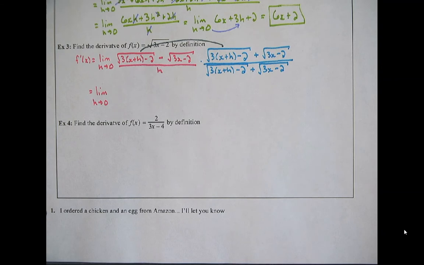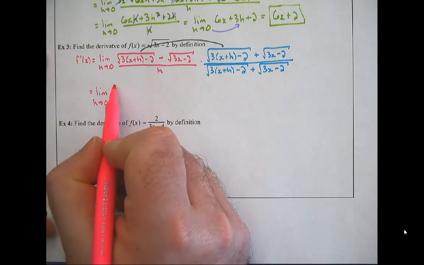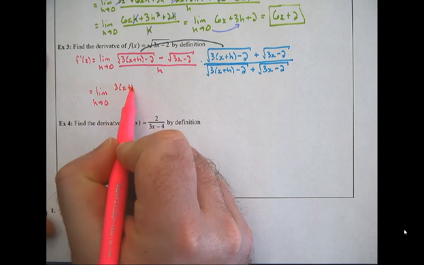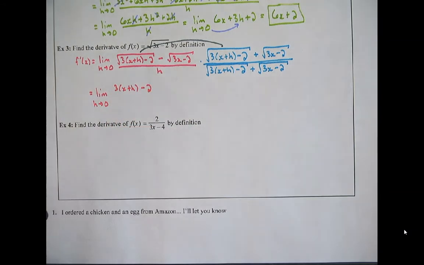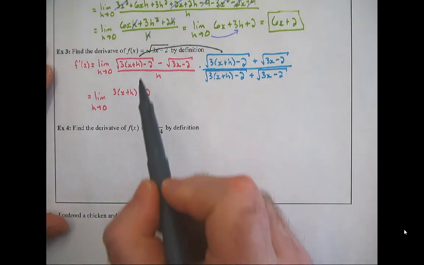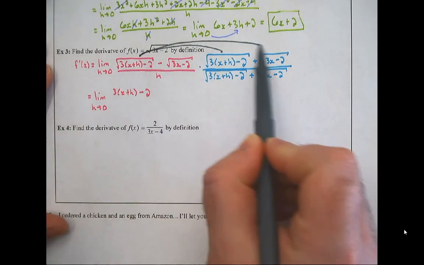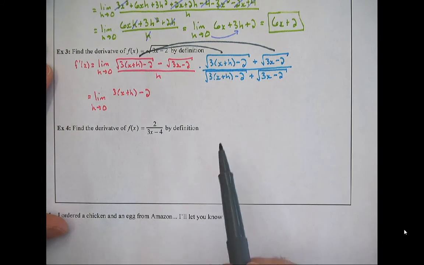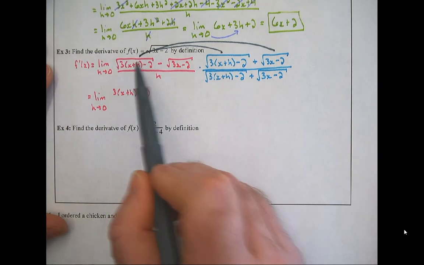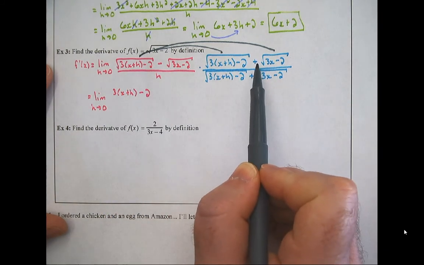Okay, so when I distribute this times this, so root 3 times the quantity x plus h minus 2 times root 3 times, I'm going to get 3 times the quantity x plus h minus 2. And then the next two distributions are where the math and magic happens. I take this times this. Whatever that is, it's going to be some disaster of a root. Root this times root that, but it's positive.